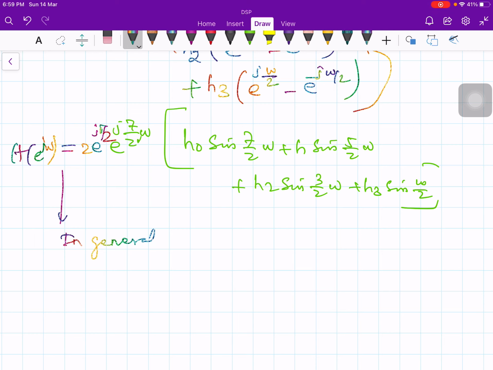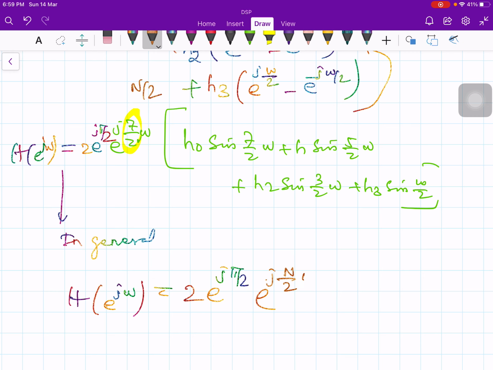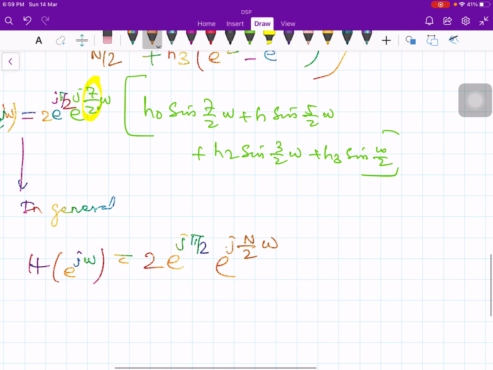Now in general, I can write H of e to the j omega is equal to e to the j pi by 2 times e to the j capital N by 2 omega, summation of this h0, h1, h2, h3.